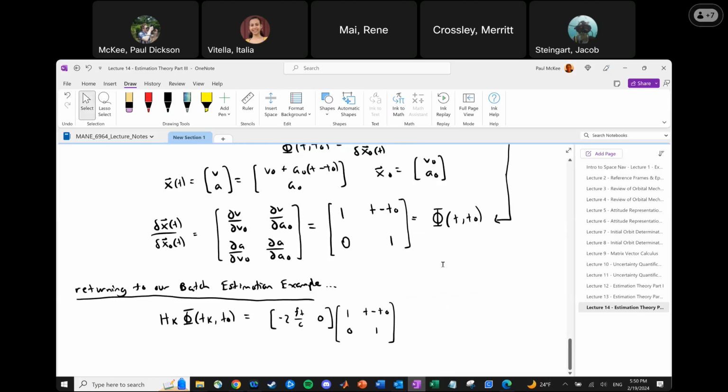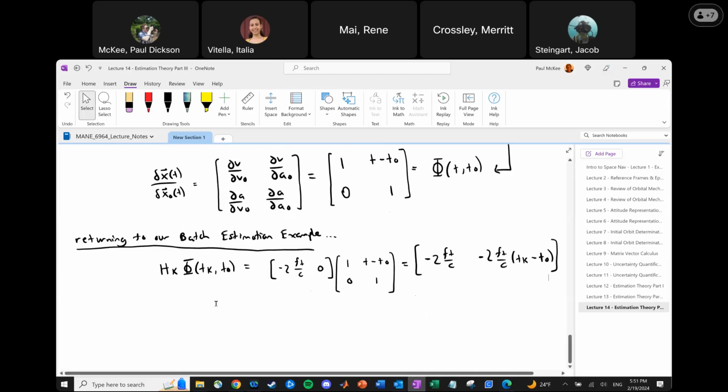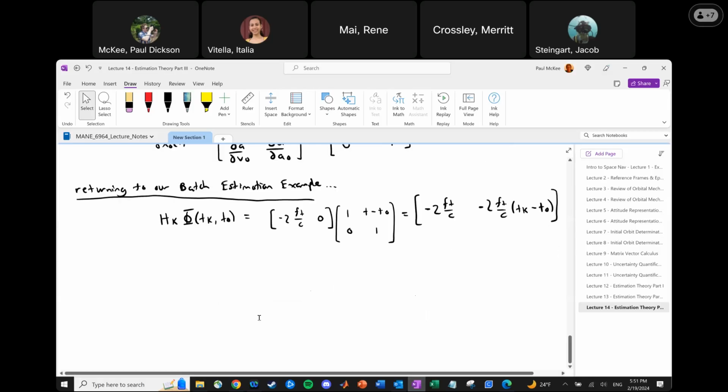Okay, so this multiplies to be what? Multiplies to be -2 transmission frequency over the speed of light, -2 transmission frequency over the speed of light, times whatever the time is when measurement K comes in, minus T0, and this is a matrix, right? So what that means is we can stack this to produce our linear measurement model.